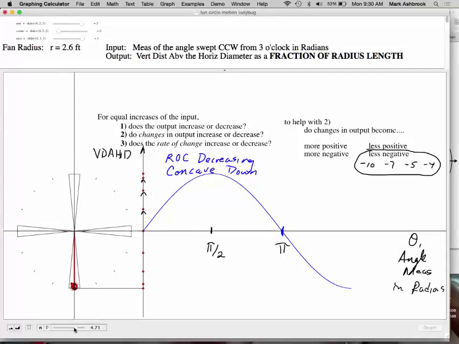Means those changes are increasing or decreasing? Increasing. Increasing changes means the rate of change is increasing. The bug is slowing down. Yes, it's slowing down, but it's slowing down in the negative direction. So it's actually increasing in its rate of change.